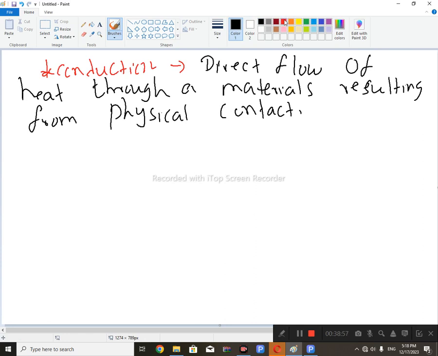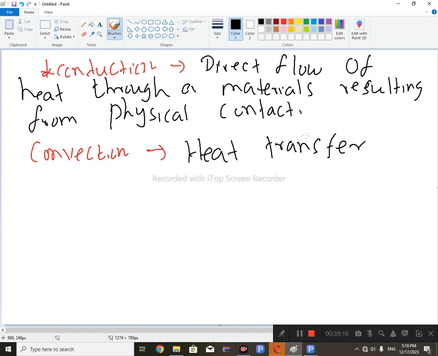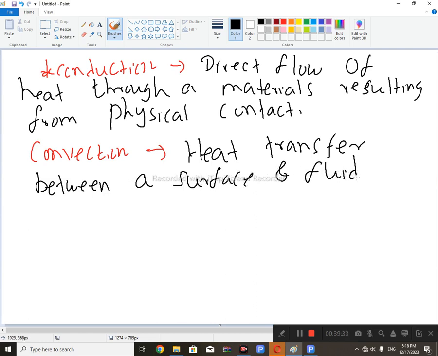Convection. Heat transfer between a surface and fluid. Radiation.